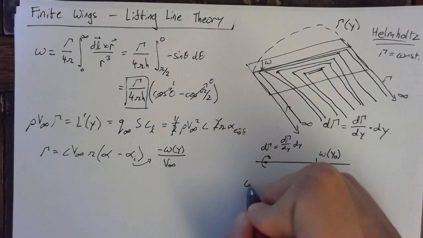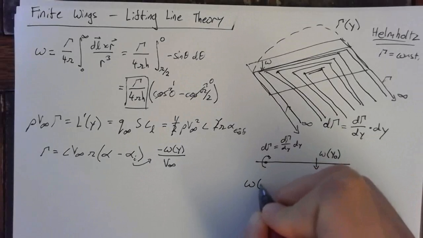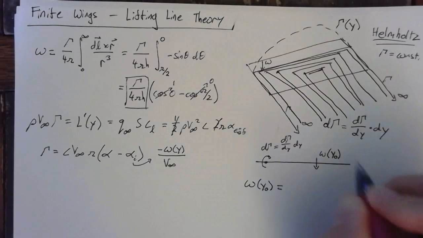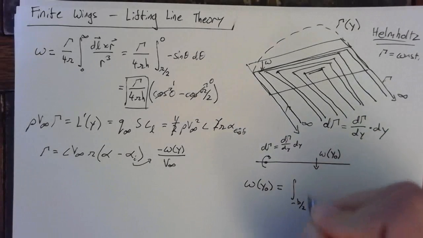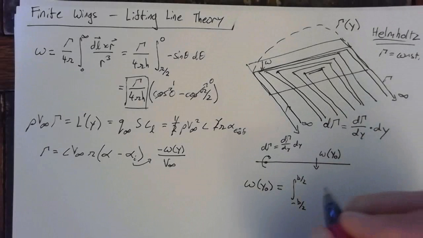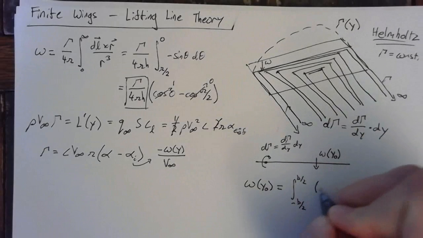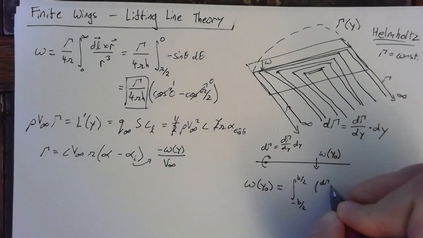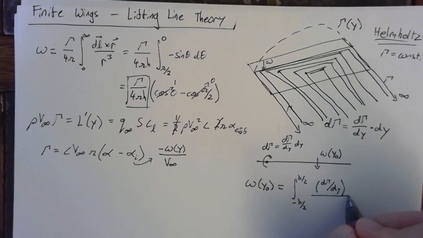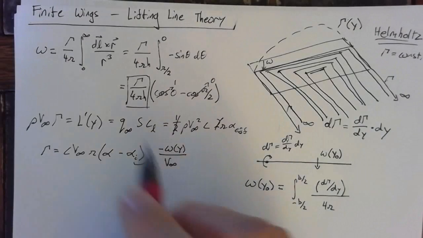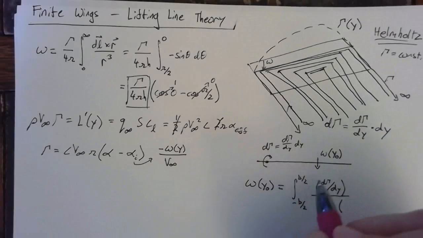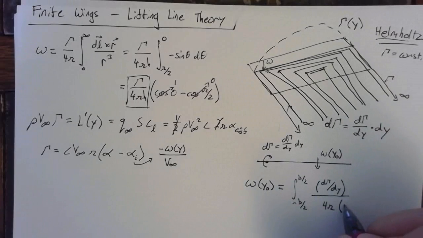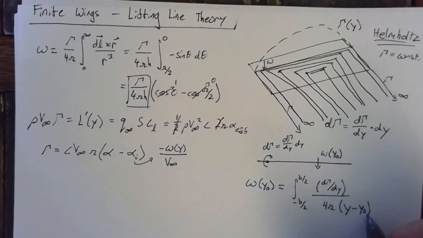So our downwash is going to be equal to the integral over our entire span, and our span goes from negative b over 2 to b over 2. Our vortex strength in this case is going to be d gamma by dy, and we divide that by 4 pi, keeping with our Biot-Savart Law, and then we need this distance, and this distance is going to be y minus y naught.